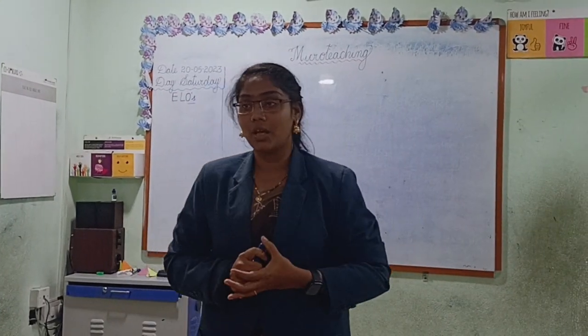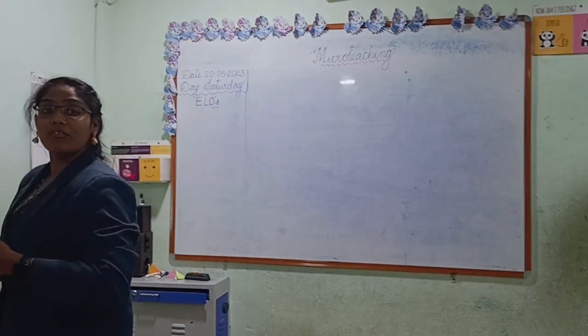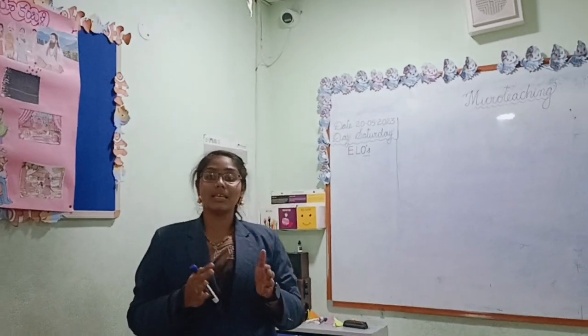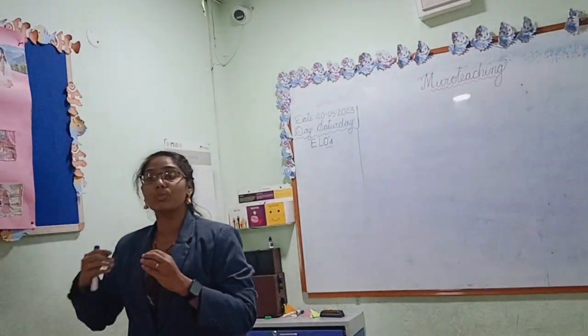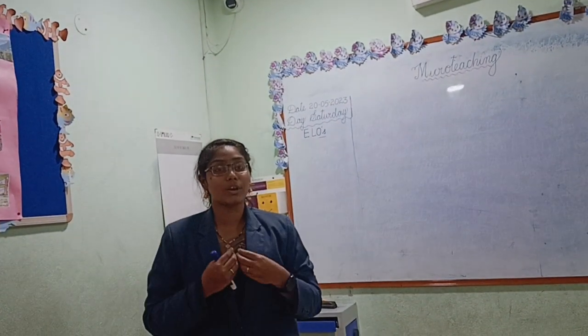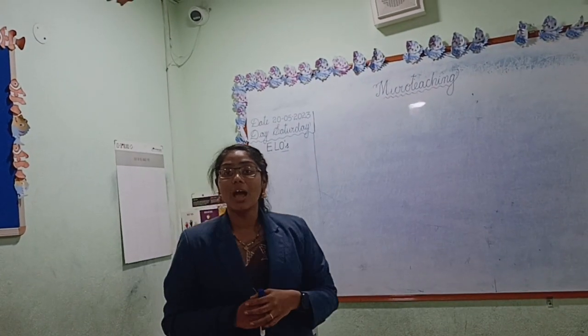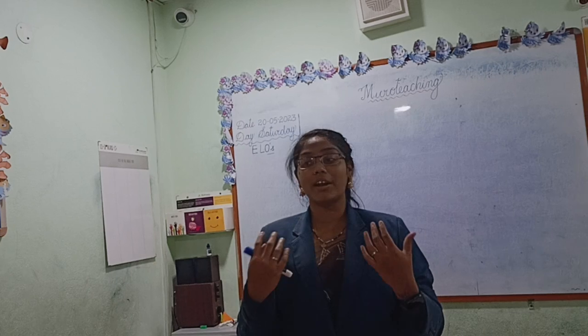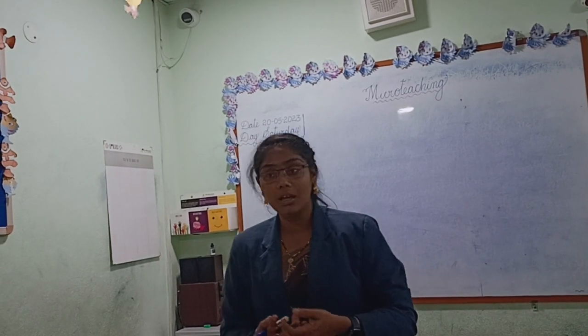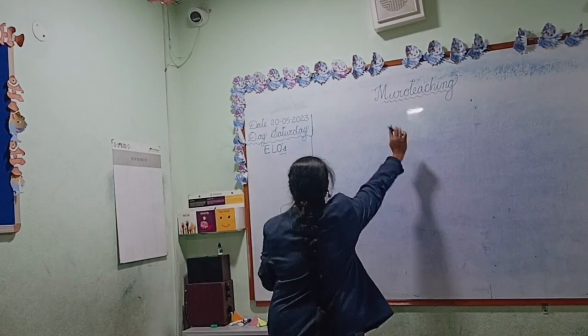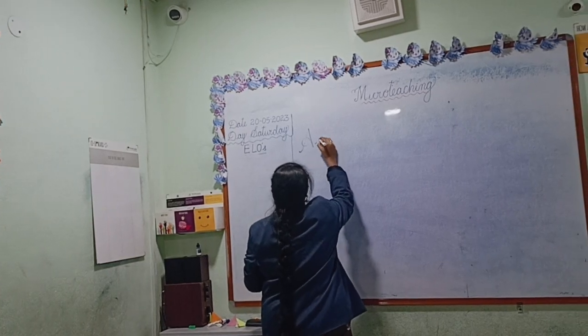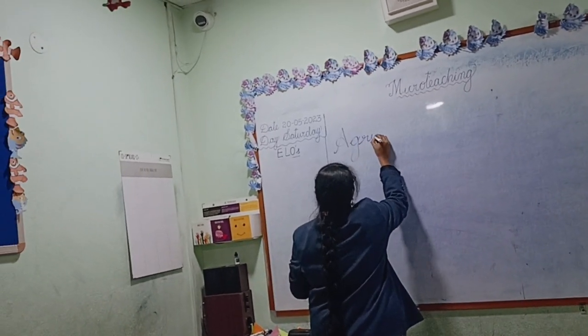Here, the places where we can see such plants, we call agriculture fields. So today we are going to learn about agriculture and what the different types of crops are in agriculture fields.